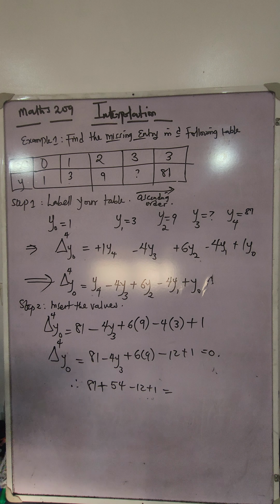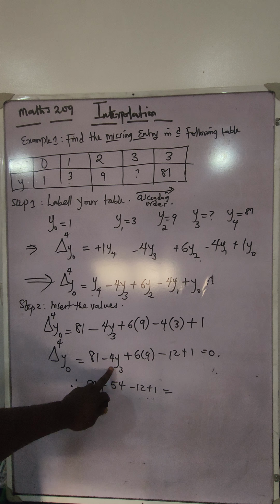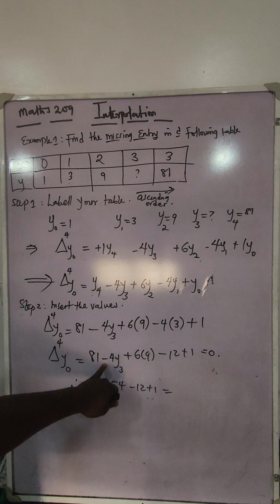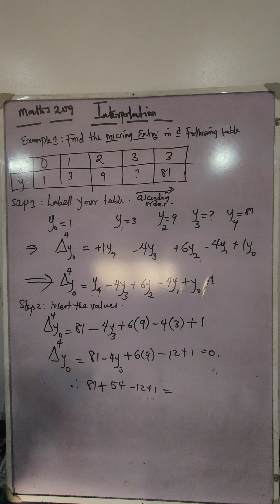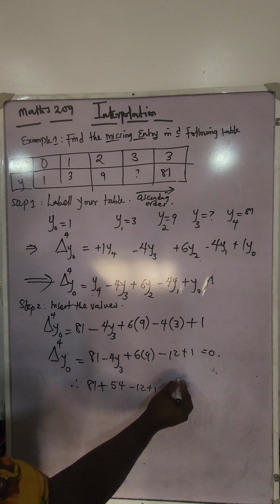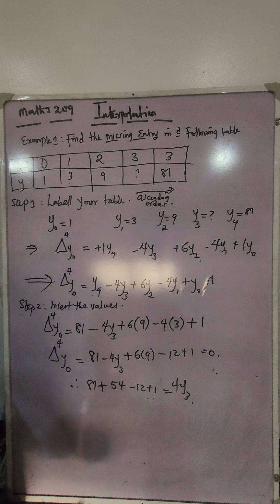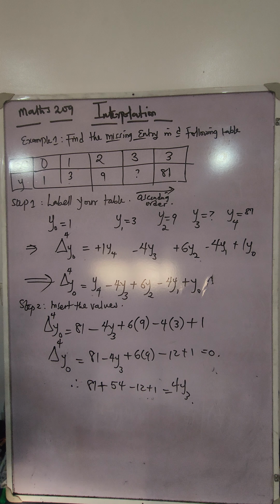Because we want to just take this to the other side, this is negative 4y3, so we take it to the other side, and then we have 4y3 here. From here we can say 81 plus 54 minus 12 plus 1.